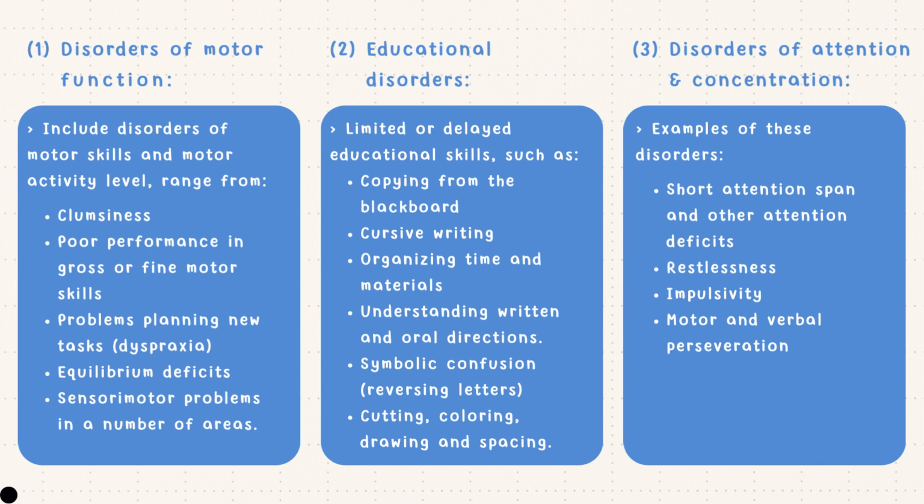The next one, educational disorder, is limited or delayed educational skills such as copying from the blackboard, cursive writing, organizing time and materials, understanding written and oral directions, symbolic confusion or reversing letters, cutting, coloring, drawing, and spacing. And next one, disorders of attention and concentration, are like short attention span and other attention deficits, restlessness, impulsivity, and motor and verbal perseveration.